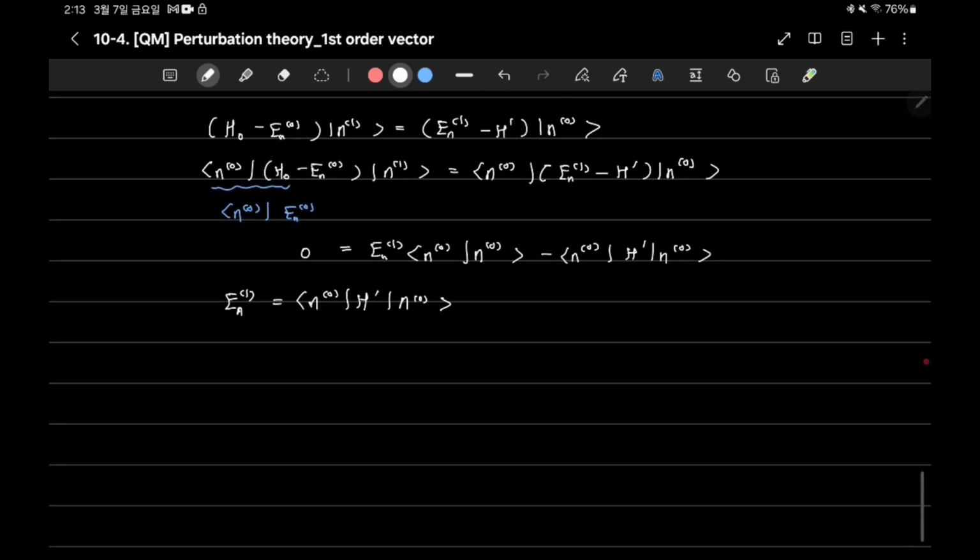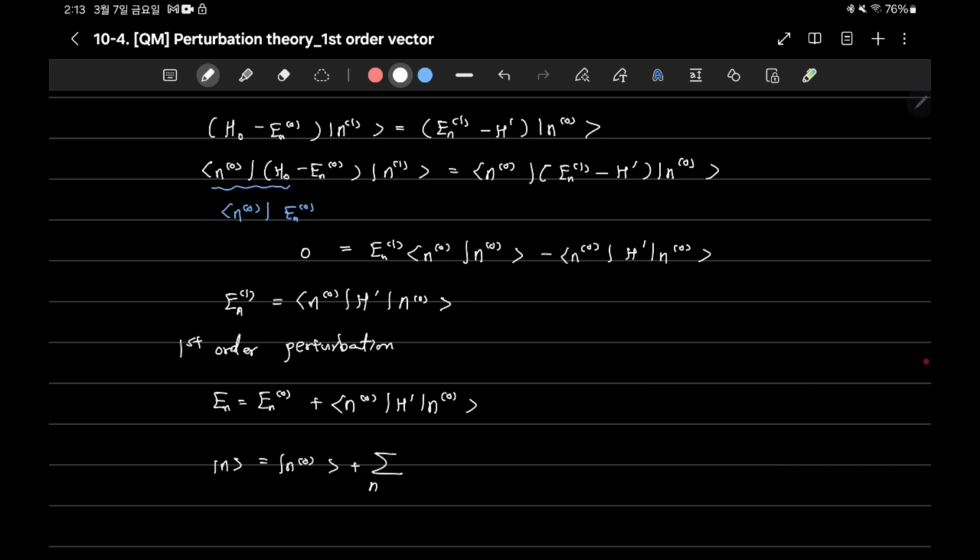So, in general, the first order perturbation correction is that the energy eigenvalue is En0 plus N0 H prime N0, and the energy eigenstate is that N0 plus summation M is not equal to N, M0 H prime N0 over En0 minus Em0 and M0.